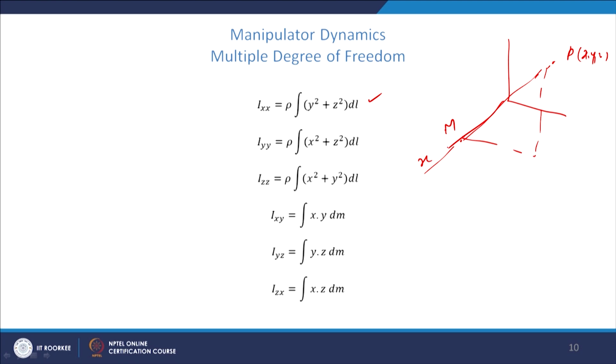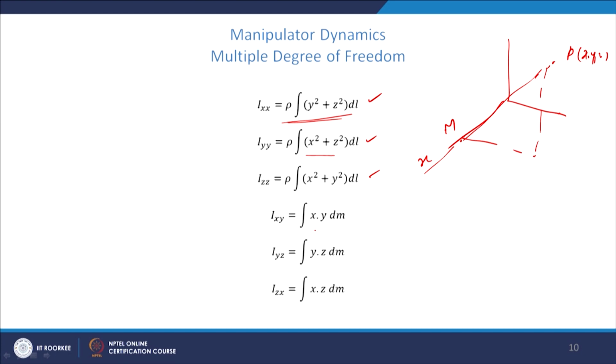So this gives the inertia with respect to the x coordinate, and x square plus z square is the square of the distance from P to the y axis. So this gives the inertia with respect to y axis, and this is inertia with respect to z axis.